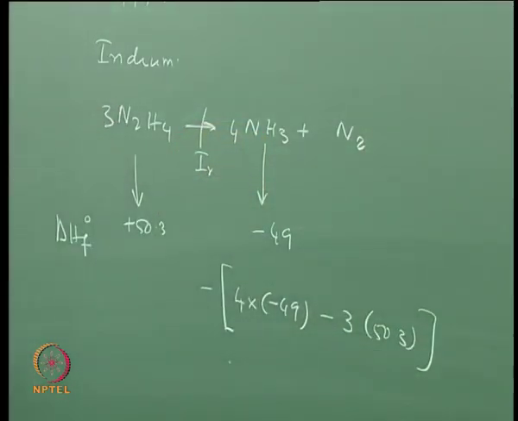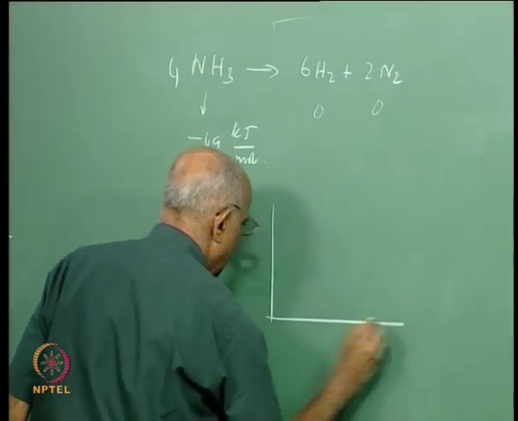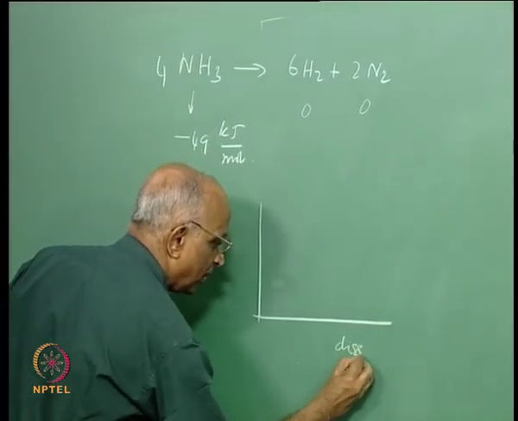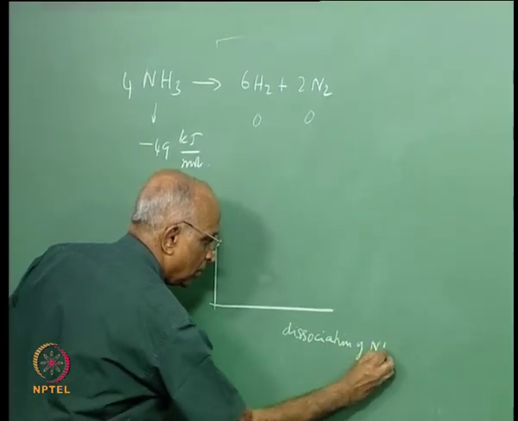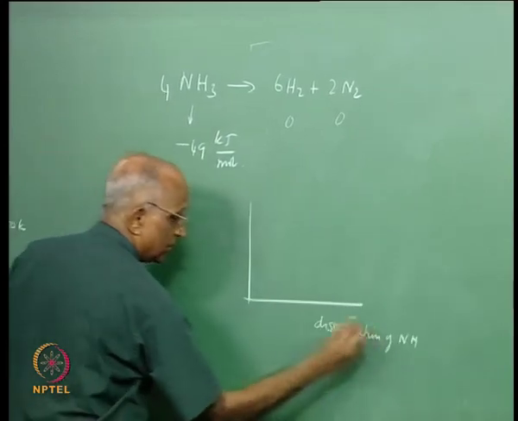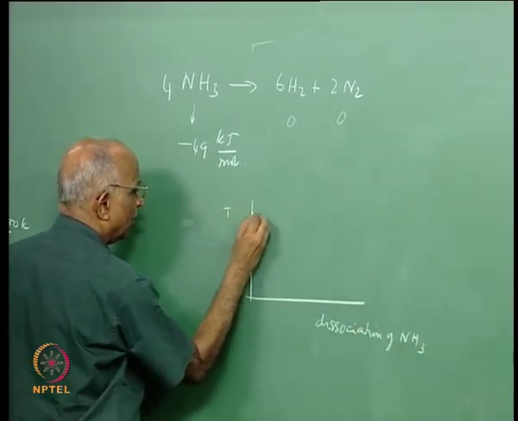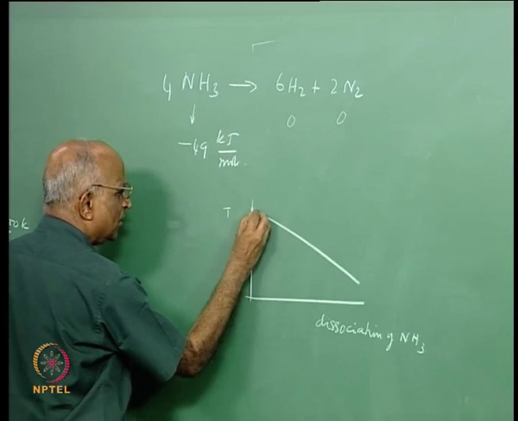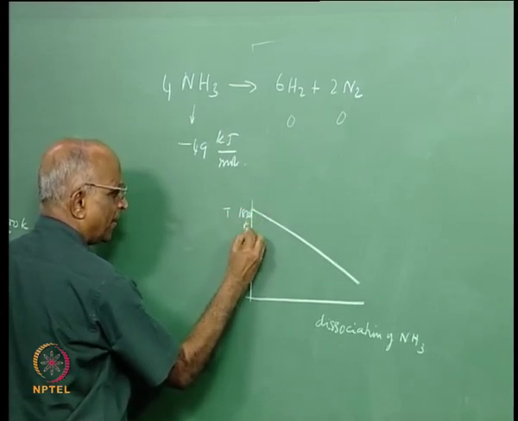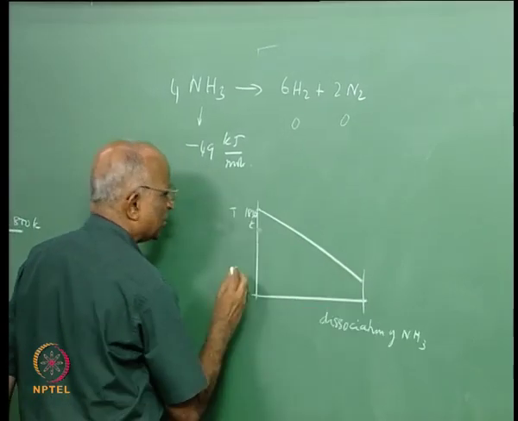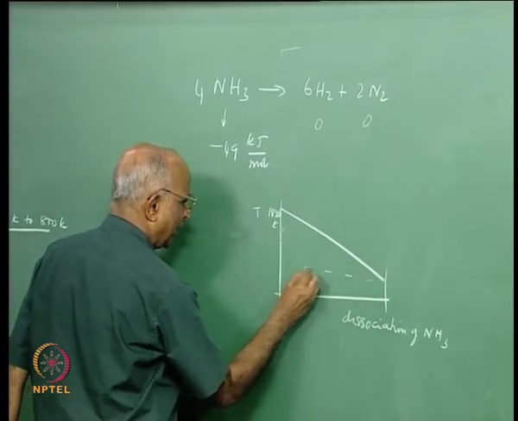Therefore, as the dissociation increases, the temperature will keep on falling. If there is no dissociation, the temperature is around 1820 or 1830 Kelvin, and if the dissociation is complete, I get something like 800 Kelvin.